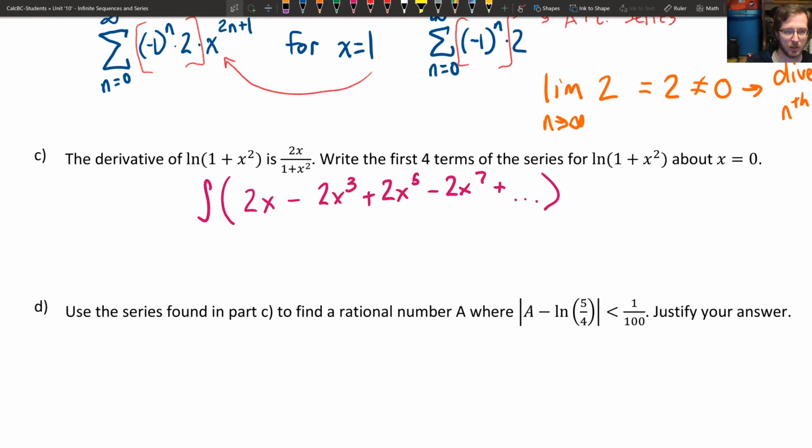All right, and that's what we're going to do here. Find the integral, the antiderivative of each of these terms, and that'll give us the first 4 terms for natural log of 1 plus x squared. All right, so this guy's going to be x squared, 1/2 x to the 4th, and so on.